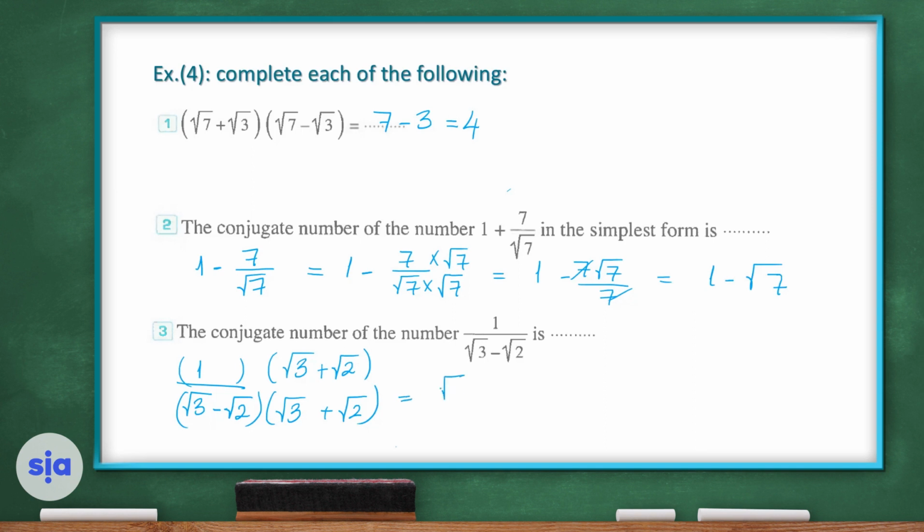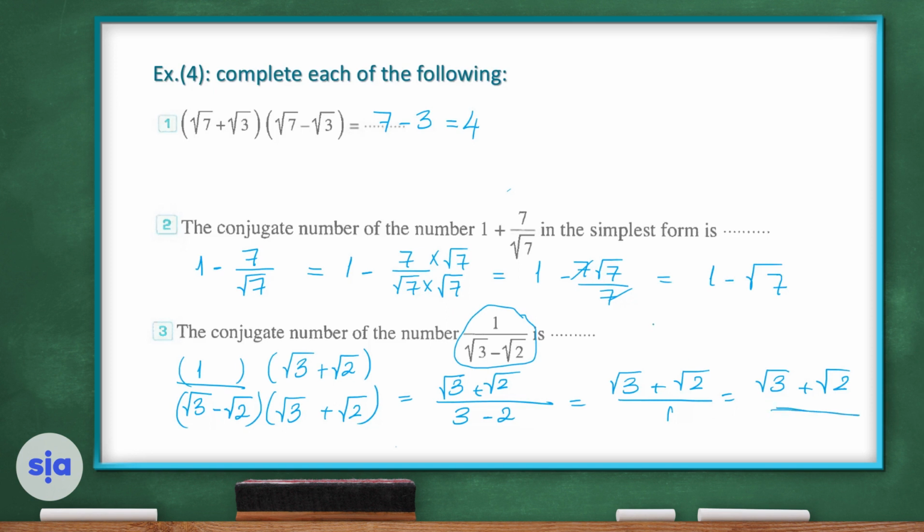Then it will be root 3 plus root 2 over 3 minus 2. So it's root 3 plus root 2 over 1. Then it's root 3 plus root 2. Take care, this is not the conjugate, this is the value of this fraction. So let's find the conjugate of this fraction. It will be root 3 minus root 2.